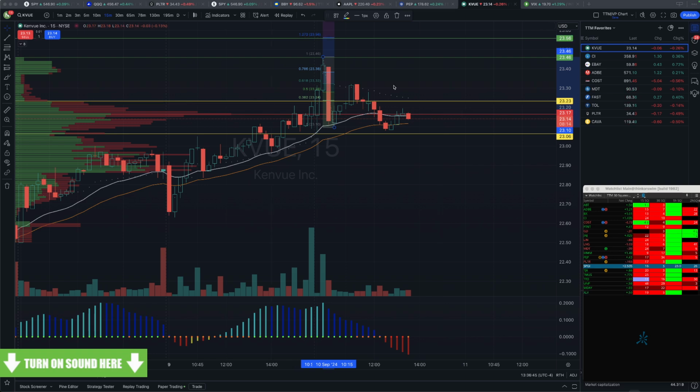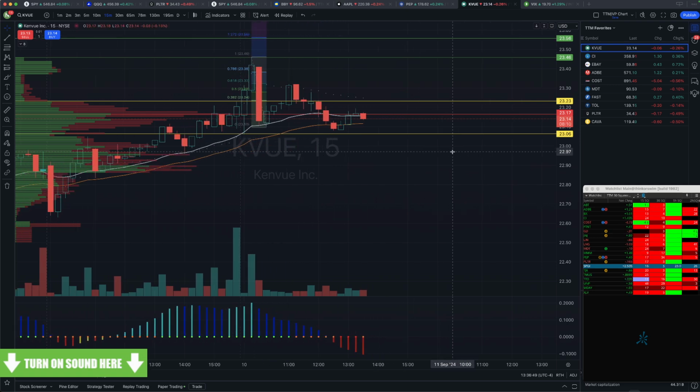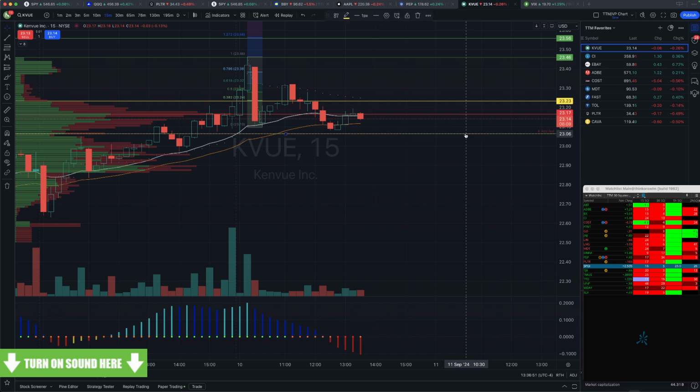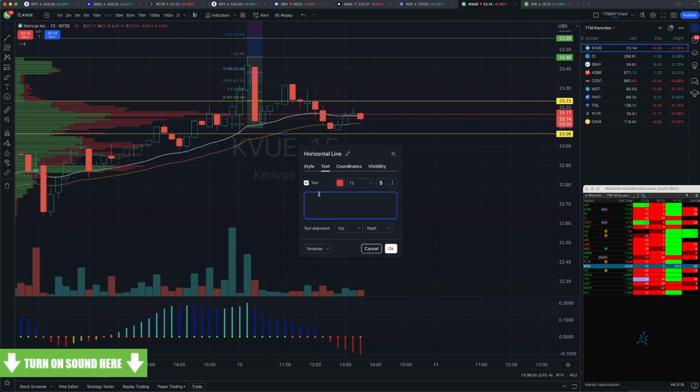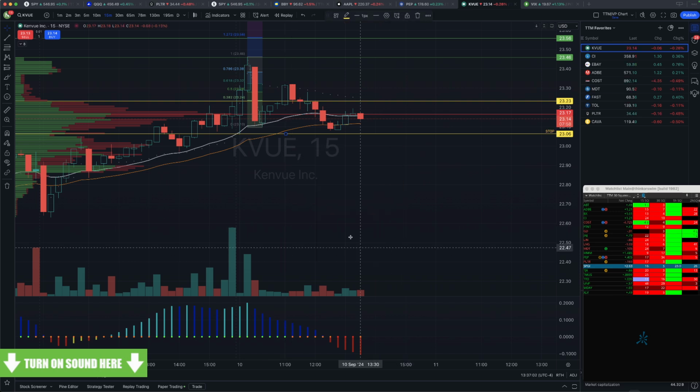Okay, so now on this chart, I have a stop level, right? This is my value area low, and in this case, I would use this as my stop level. Okay. I'm looking for an area in which to take this trade.